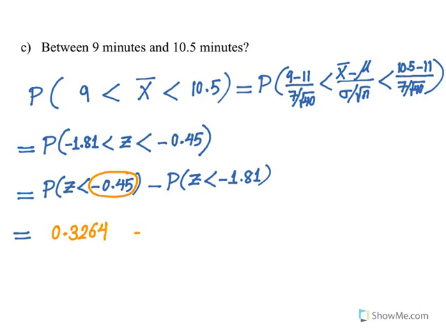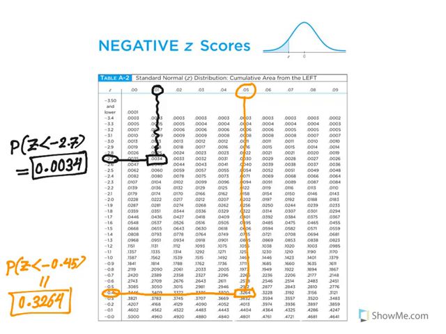0.3264 minus, now the second one is the probability that z is less than negative 1.81. Let's find it. Negative 1.8 is here, and 0.01 is here. So I come down until I reach this number here.